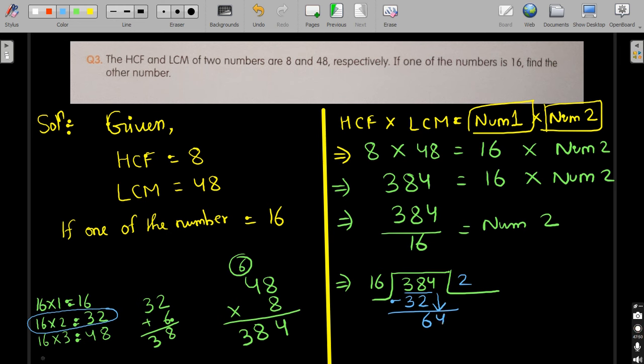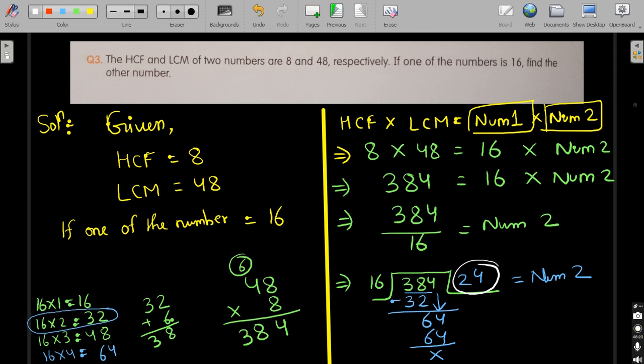Now again 64, so we need to calculate 16 into 4. 16 4s are 64. Remainder 0. So what is my quotient? My quotient is 24. So what is the second number? The second number is 24. Hope you got the logic of how to solve this. Hope you understood how to solve it, students.